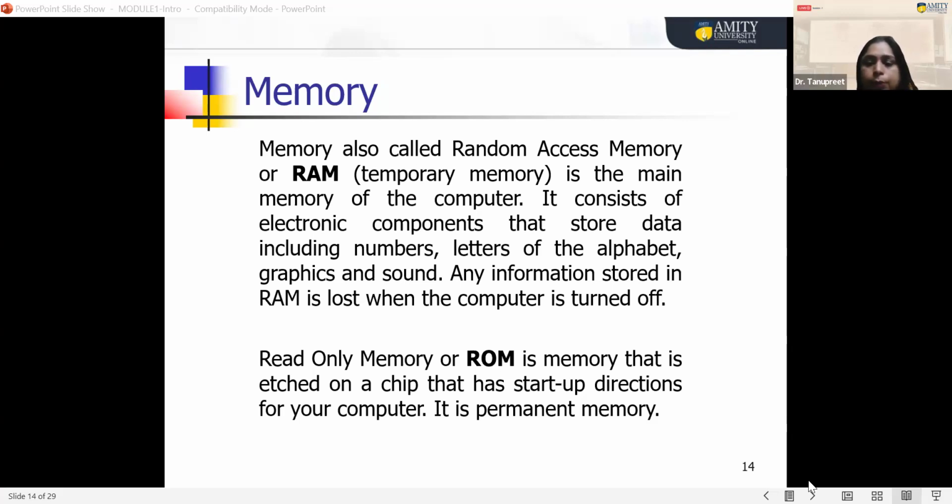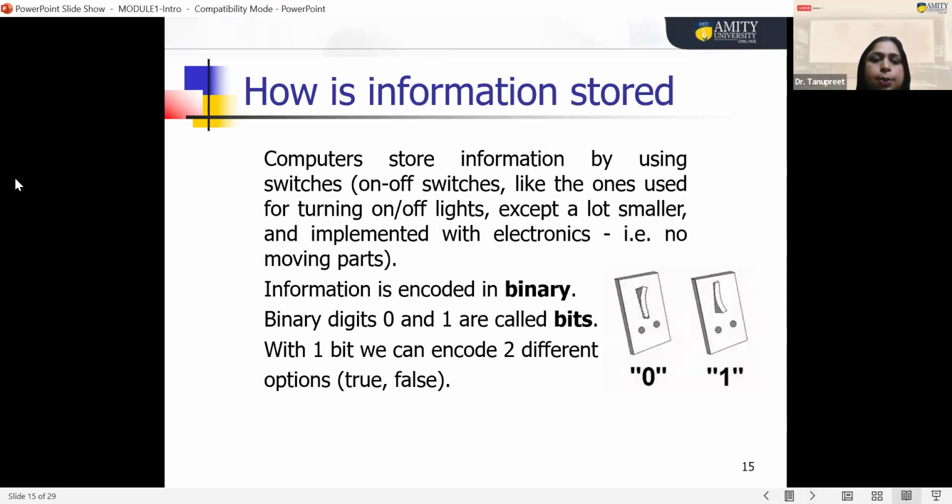So, clear? One student was asking about volatile and non-volatile. Now, students, we have to understand one more thing. I told you that computers only understand one language, the machine language, a combination of ones and zeros. The logic of binary, or Boolean, is that if the light is on, it's a true condition, a one. If the light is off, it's a false condition, a zero.